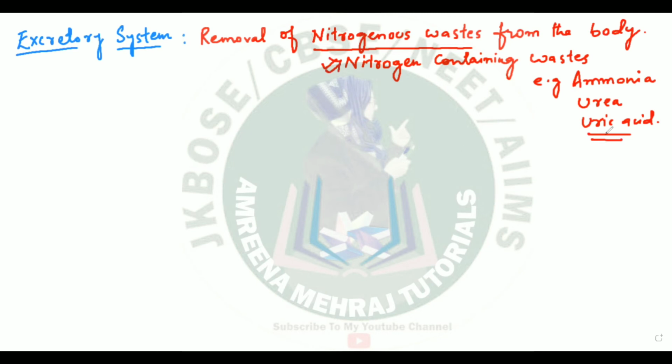Where will you find these wastes? They are present in blood, and the process of their removal is done by the excretory system. Now you have different types of animals with different types of excretory systems. First of all, you have 3 types of animals based upon which waste they produce, whether ammonia, urea, or uric acid.